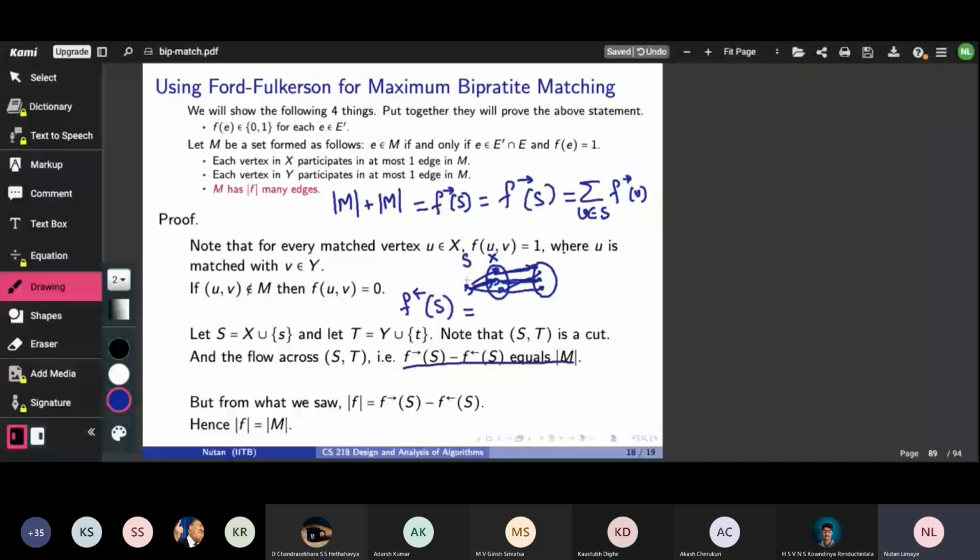Therefore, the only amount of flow that enters capital S is the amount of flow entering the vertices in capital X. And that is equal to, again, cardinality M. So therefore, this is 2 times cardinality M minus 1 time cardinality M, which equals cardinality M.